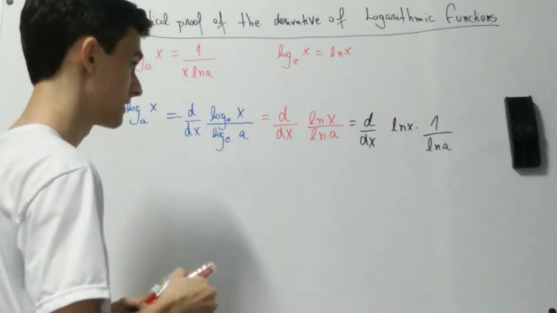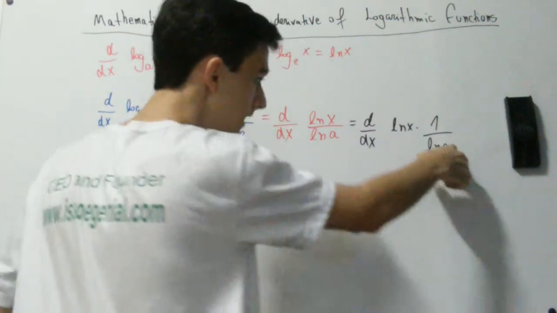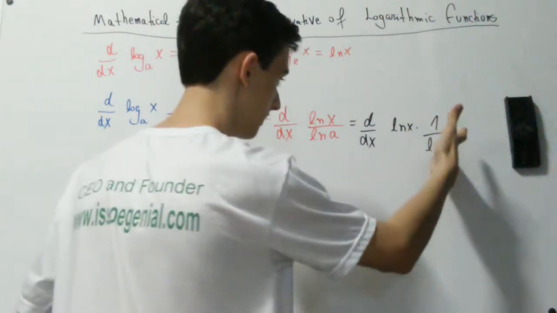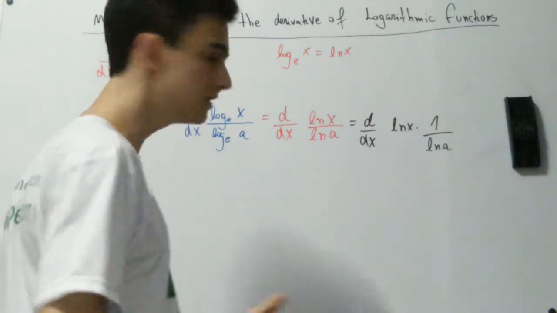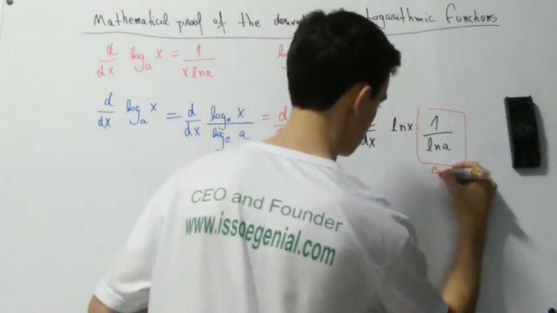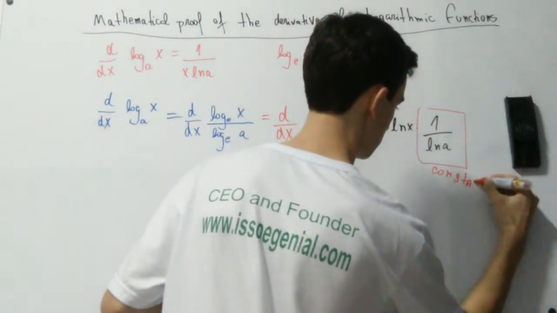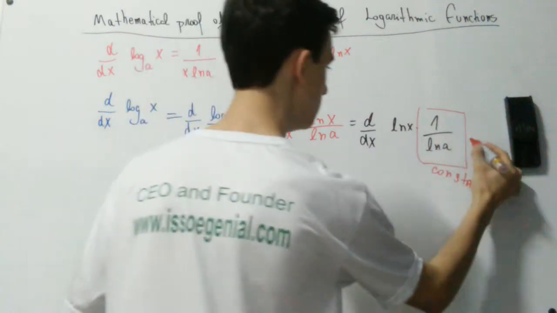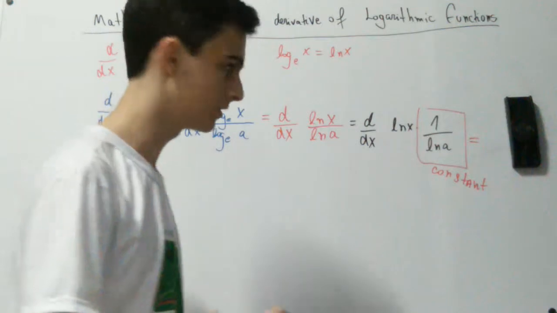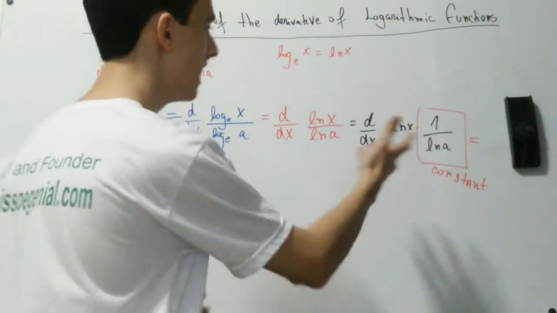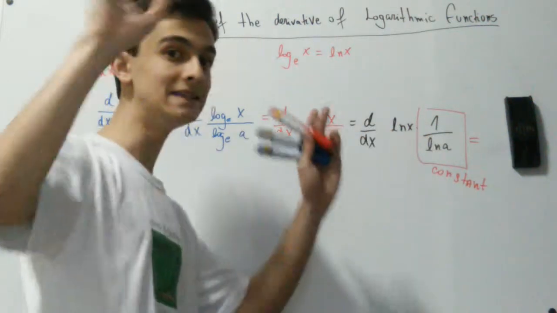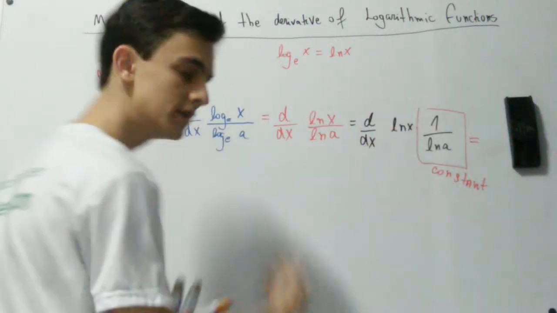And as we have already discussed, natural log of a is a constant. The logarithm base e of a is constant because e is constant and a is constant. So all of this here is constant. We studied in calculus the mathematical proof that if we have a constant multiplying the function inside a derivative, we can take the constant out of the derivative.